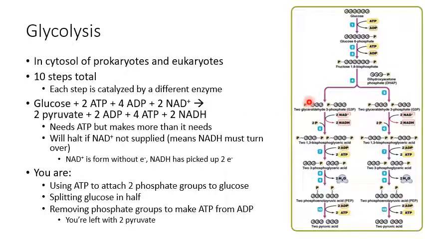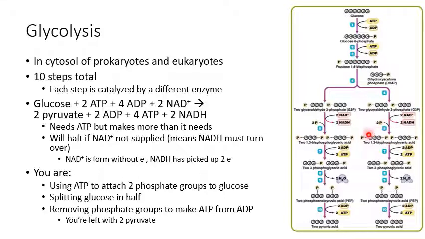So, I guess you could just ignore one of these arrows entirely. It's an odd choice on their part. But basically, you have now split glucose, so you have these 2 molecules that each have 3 carbons in them and 1 phosphate, and that's the point at which you are going to add the electrons to NAD+, giving you NADH.